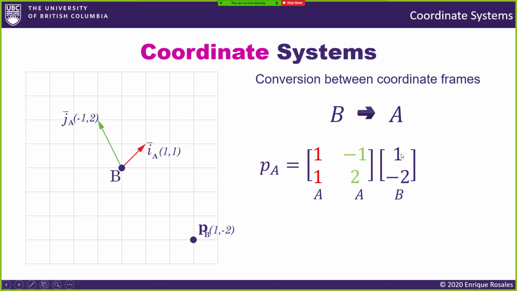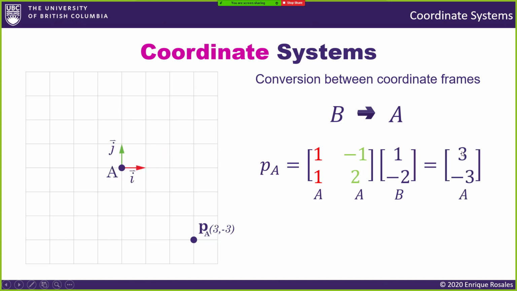So these are the coordinates that we have right now with respect to B, and these are the coordinates of the I and J column vectors, in this case with respect to A. So the result will be 3, -3, which is the position of this point. It's exactly the same position, but now in the coordinates of A.